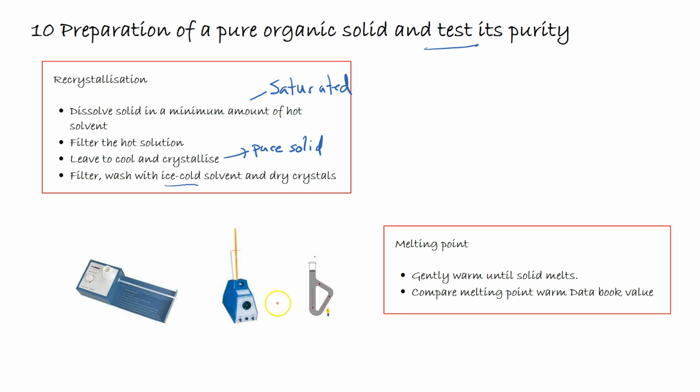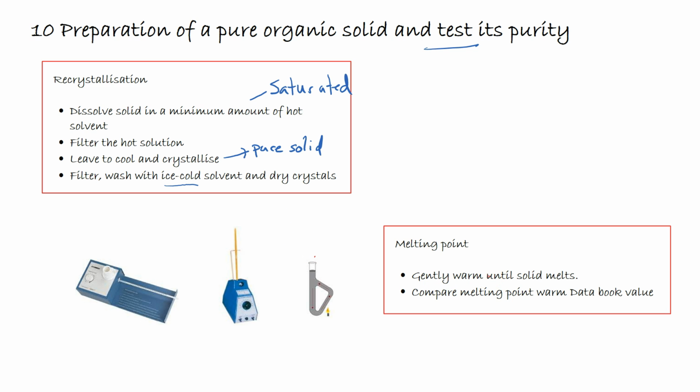With each of these devices, you compact your organic solid into a capillary tube, and then you place the capillary tube next to a thermometer against some heating block or heating mantle, or in the case of the one on the right hand side, you put the capillary tube in with an oil which you heat up.